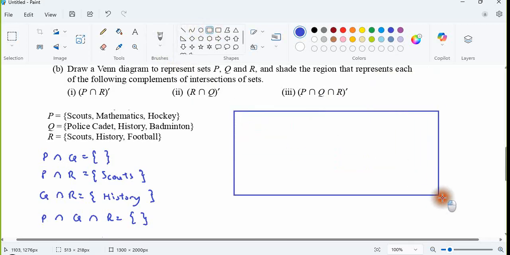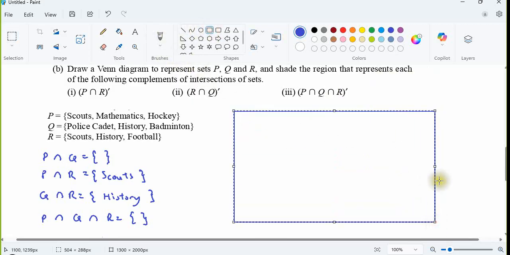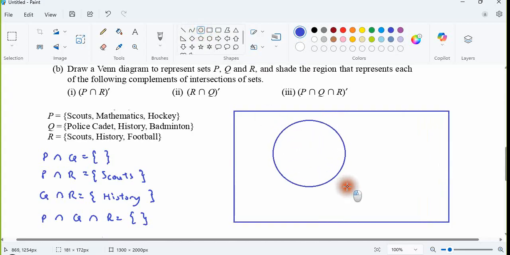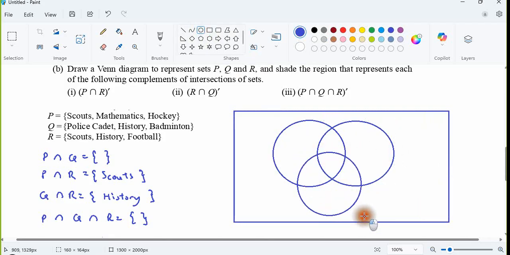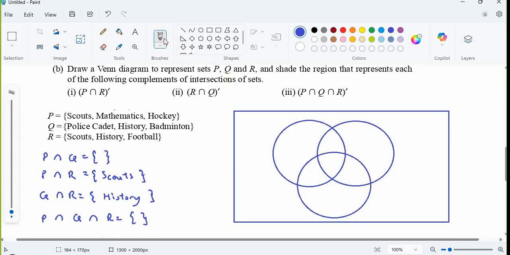We have a universal set here, and then we have P, Q, and R. P and R have scout. Q and R is history.